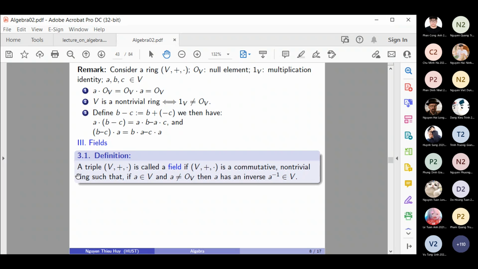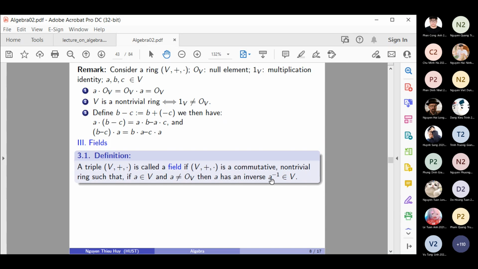By definition, this triple V with addition and multiplication is a field if it is a commutative non-trivial ring such that if A in V and A is not non V, where we know that non V is the neutral element related to the addition, then it has an inverse A to the minus 1.